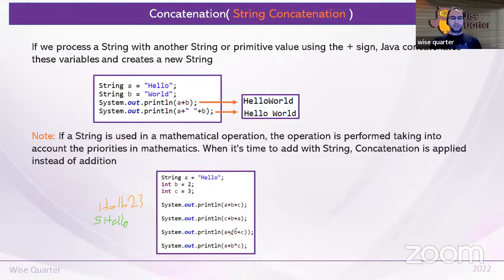Here, A plus B plus C. B and C, as you can see, are between brackets. It means we have to calculate the brackets first, inside of the brackets first.